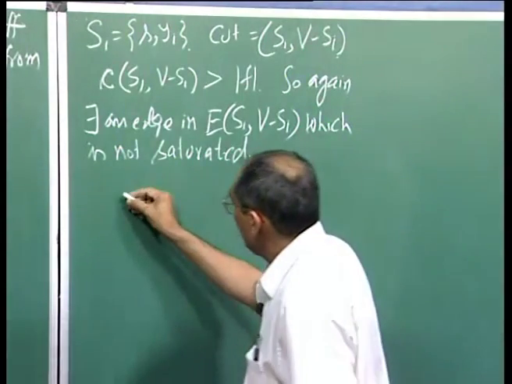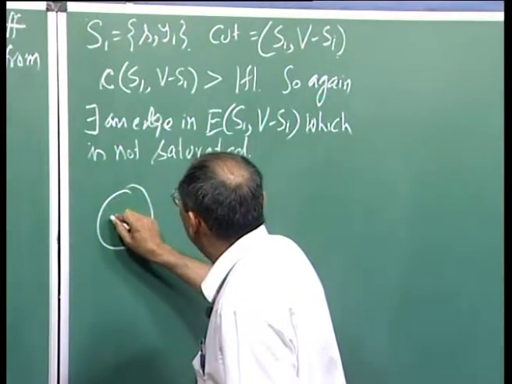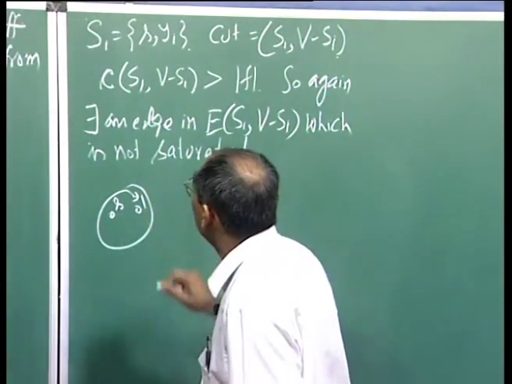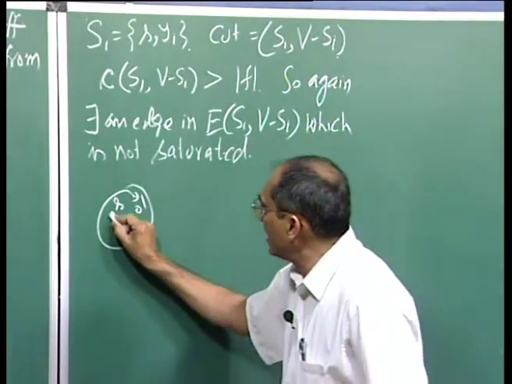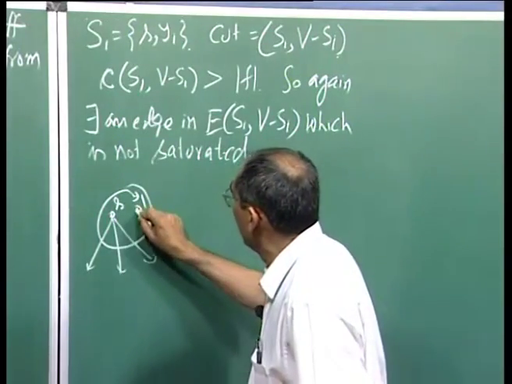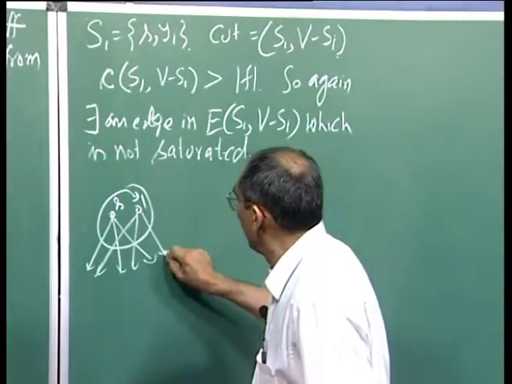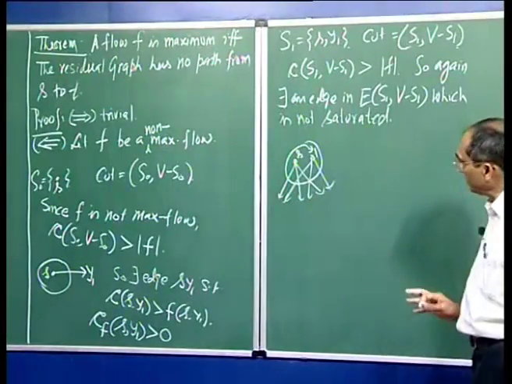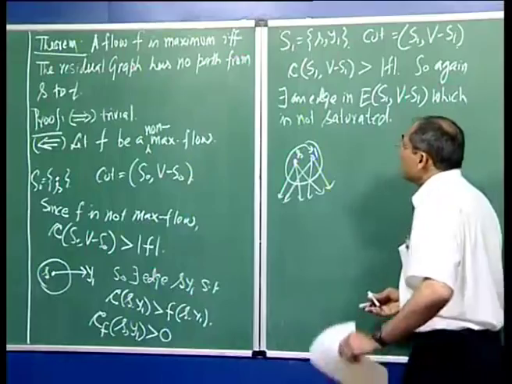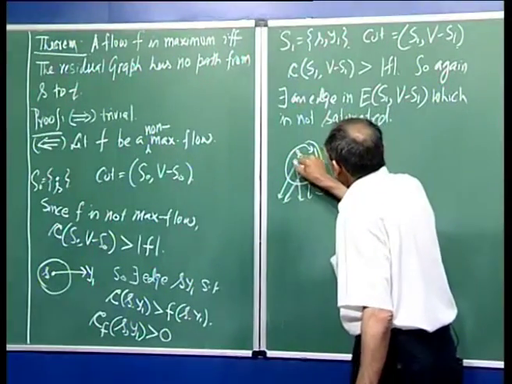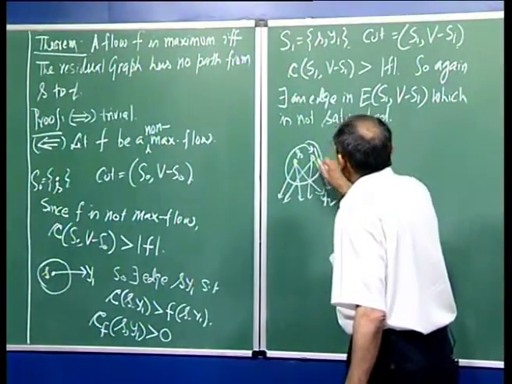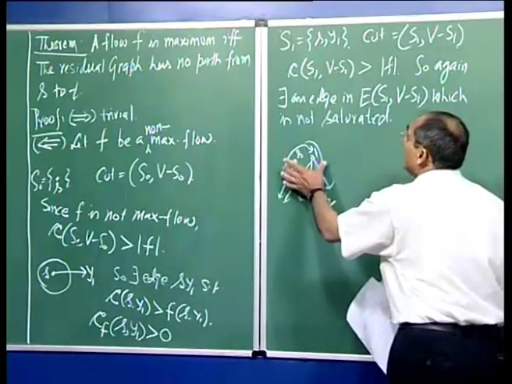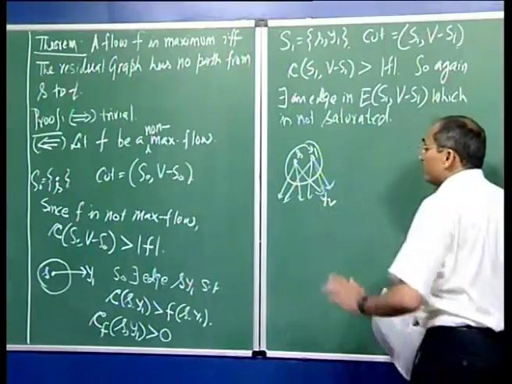So now you have set S1 containing two vertices S and Y1. There are edges coming out of these, and at least one of these is not saturated. Now that edge may be SY2 or Y1Y2, it does not matter where it emerges from, but say it ends up in some vertex Y2.